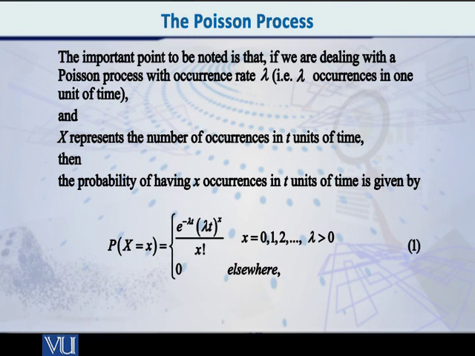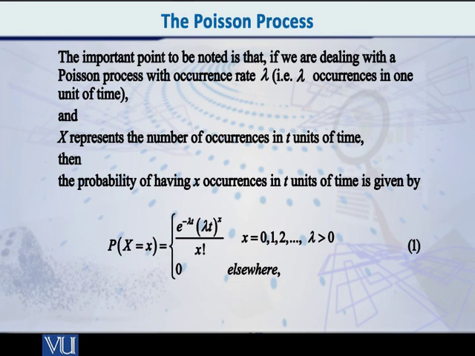Therefore, the formula for this kind of a situation is the probability that the random variable capital X is equal to some particular value small x is equal to e raised to minus lambda t, times lambda t whole raised to x, over x factorial, where x, of course, is equal to 0, 1, 2, and so on.